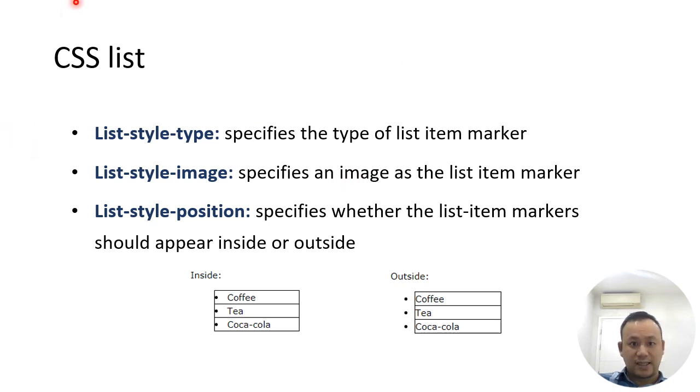For the list-style-image. And the list-style-position shows whether the list item marker should appear inside or outside. Here you see inside, and it is outside.